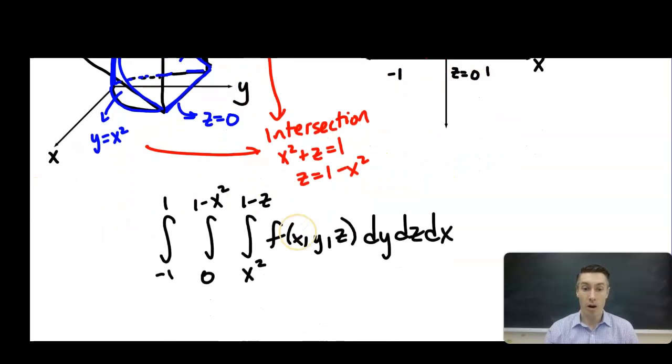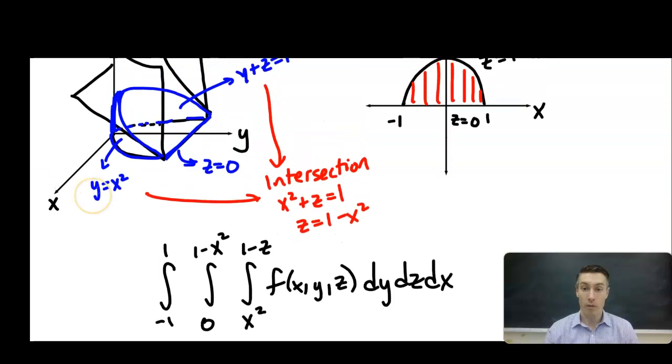So we set up our triple integral dy dz dx now. So y closest to the xz plane is defined by x squared. Farther away, it's defined by the plane, 1 minus z. And then in the xz plane, we're going from 0 to 1 minus x squared, from -1 to 1.